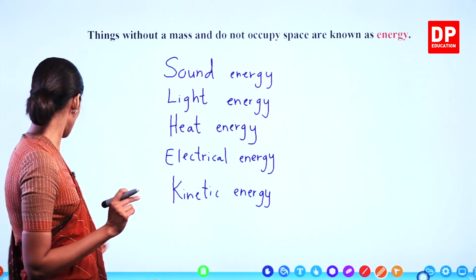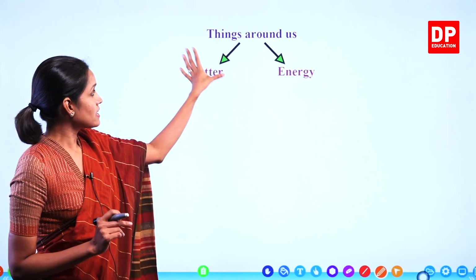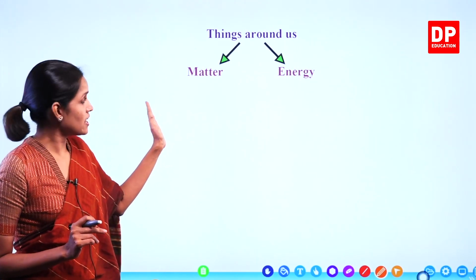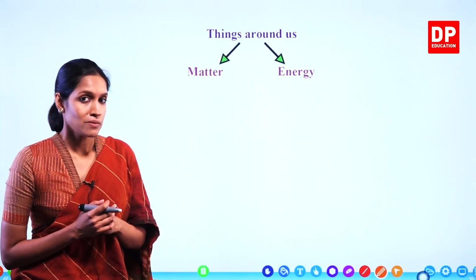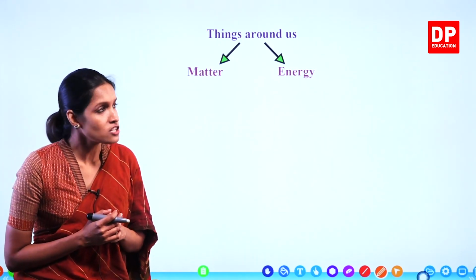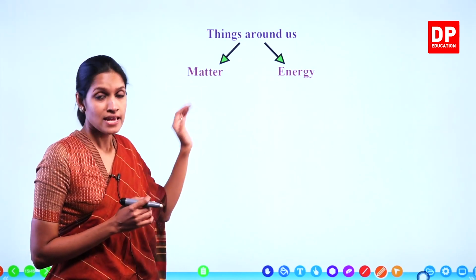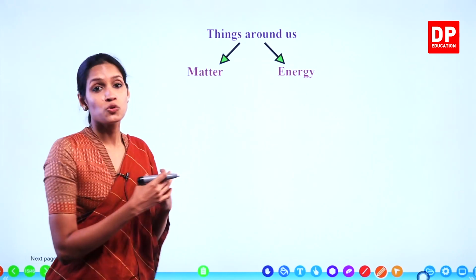Right, children? Okay. So here we are going to write down again things around us. There are two different things around us, matter and energy. Now remember, children, in the first lesson also we divided things in the environment or things around us. There we use this factor whether they grow or not.